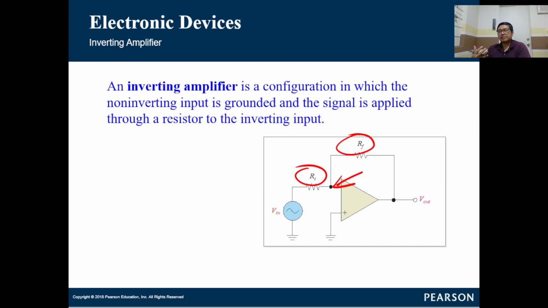Since it has feedback elements such as RF and RI, we can still control the amount of voltage gain of the amplifier, unlike sa open loop. So yun nga talaga ang advantage ng closed loop, no, over the open loop, and yung difference between the outputs. Yung output ng ating open loop nagsasaturate, yung output ng ating closed loop we can control. Alright?